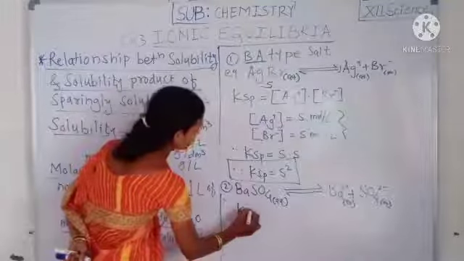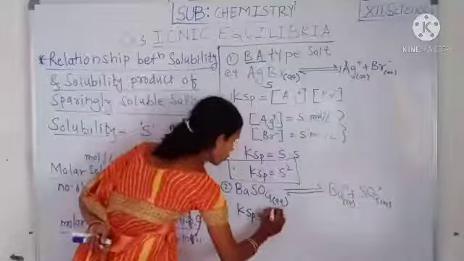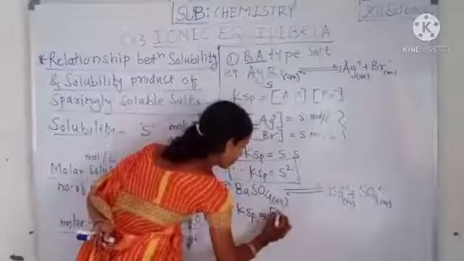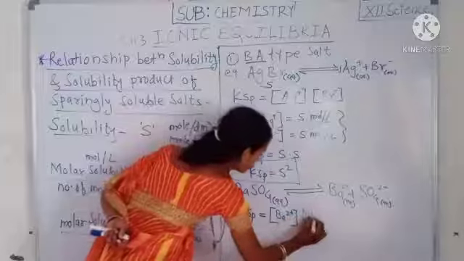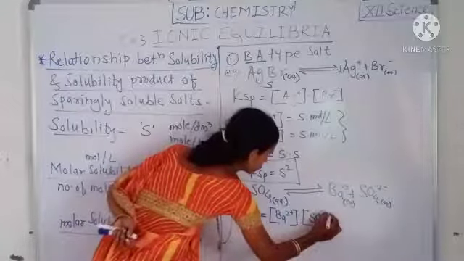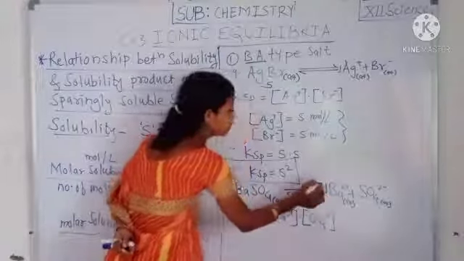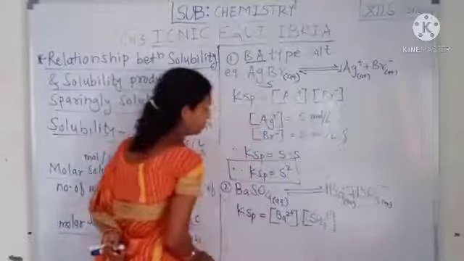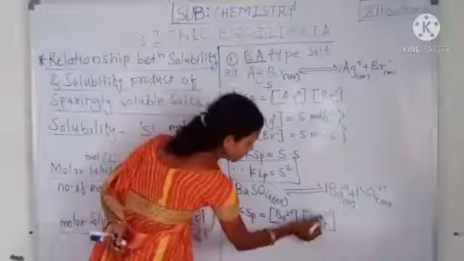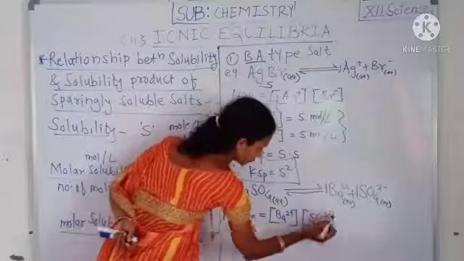Therefore Ksp is equal to the concentration of Ba2+ ion into the concentration of SO4 2- ion. Here the coefficient of Ba2+ ion is 1 and the coefficient of SO4 2- is 1. The whole SO4 radical is there, SO4 2-.